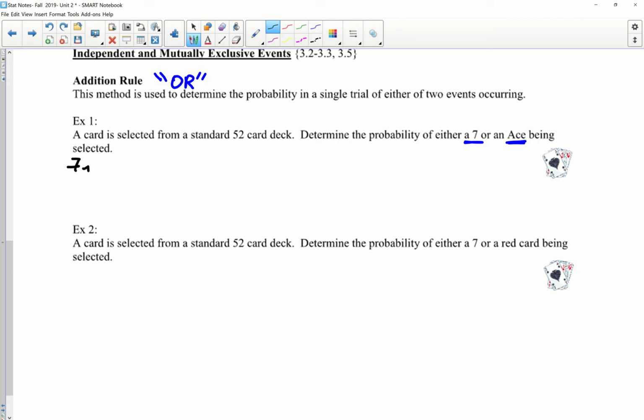of spades. I'm going to attempt to draw a spade. Well, it's not a bad spade. 7 of clubs. 7 of hearts. And 7 of diamonds.